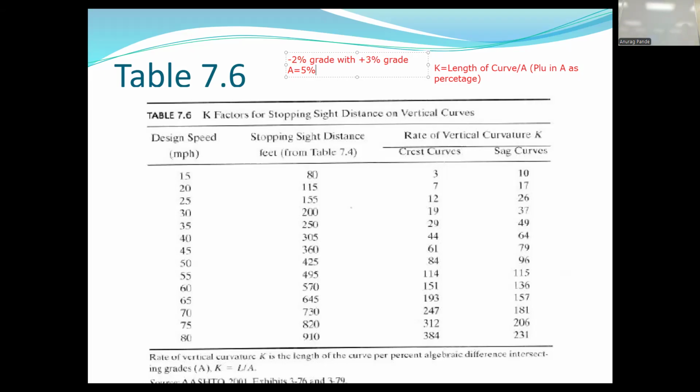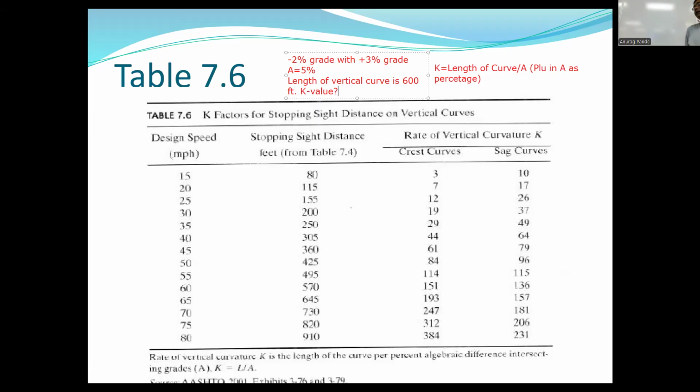Now, if you had length of the vertical curve, let's say 600 feet. K value would be what? So what would be the K value for such a curve that connects negative 2% grade with positive 3% grade? So your A is 5%.